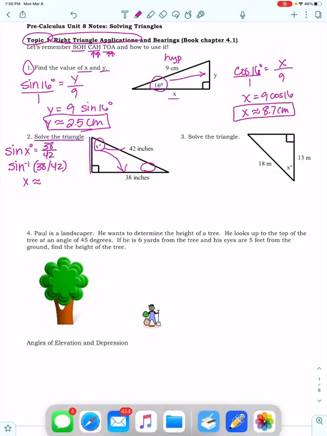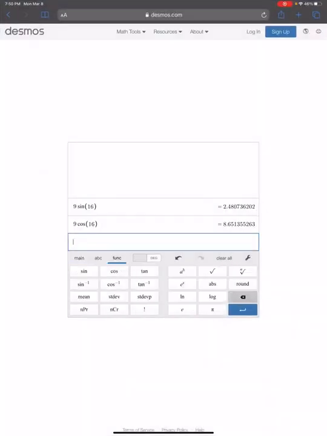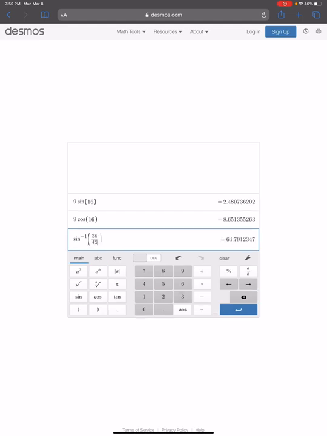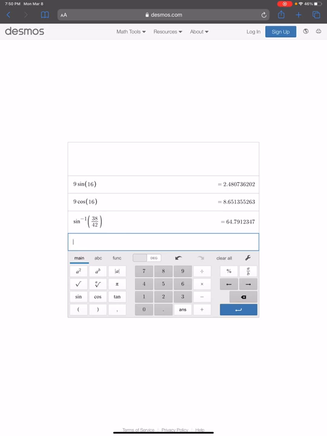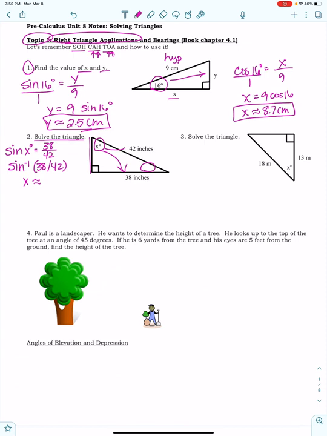So I'm going to go back to my calculator, and if you'll go to this function button, you can find sine inverse. So I'm going to use sine inverse of 38 divided by 42. And that gives me 64.79. I'm going to round my angle measures to a whole degree. So I'm just going to write 65 degrees down. So x is approximately 65 degrees. And now I can find this angle.